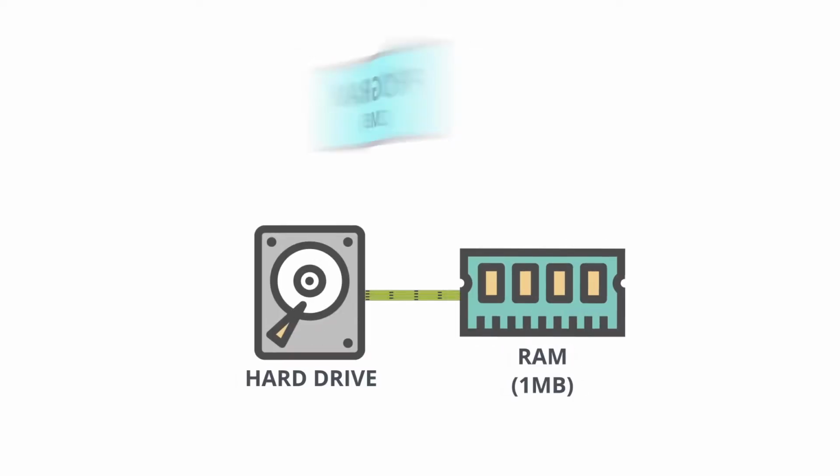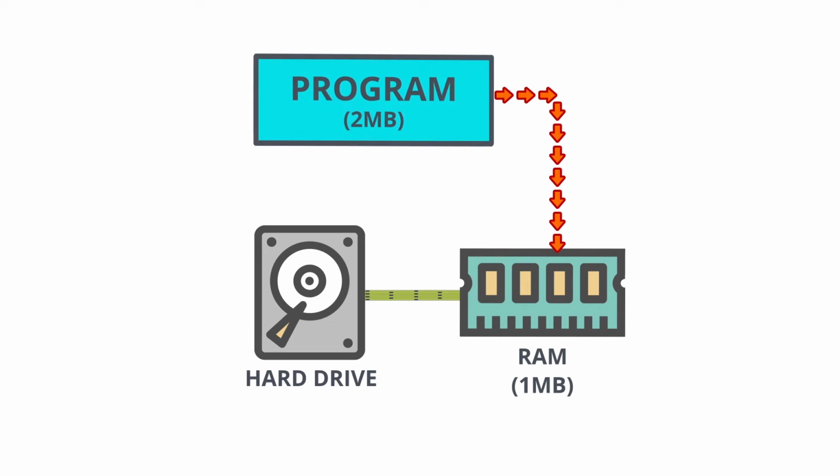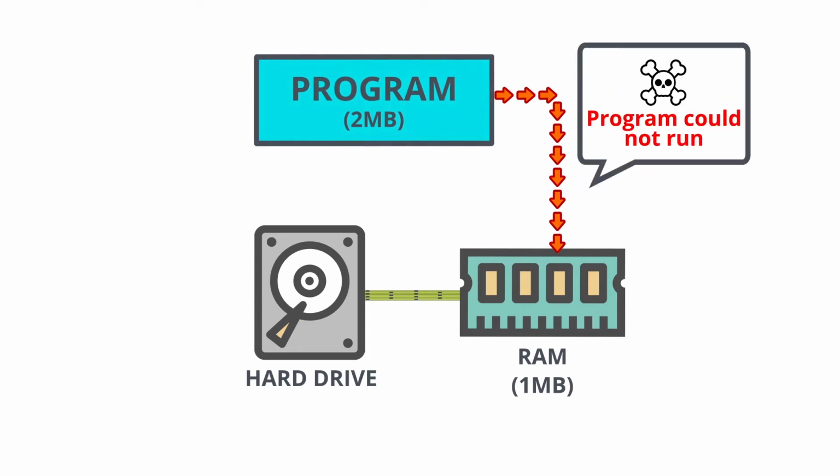Computers didn't have nearly as much memory as they do today. If the size of a program was 2 megabytes and the available random access memory, or RAM, was 1 megabyte, then the size of the program was greater than the amount of available RAM, and the program simply could not run.